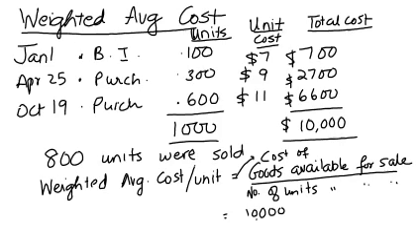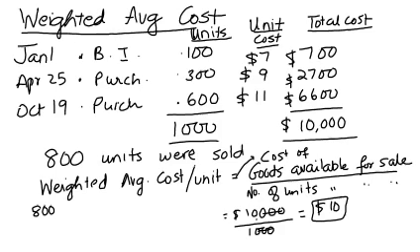Cost of goods available for sale divided by number of units available for sale. So $10,000 divided by 1,000 units. So the weighted average cost equals $10 per unit. So therefore, the 800 units of sold goods should be costed at $10 per unit.